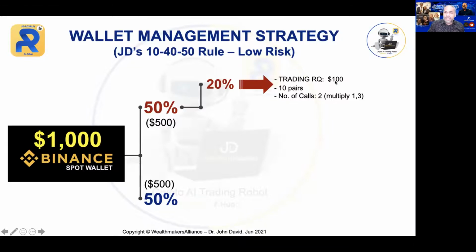Now, if each pair is $10, I can open how many pairs? 10 pairs or 10 different currencies. And the number of calls that I'm going to use here is 2, and multiply is 1 and 3. I will explain to you shortly what this is. Don't get confused, just wait for a while. So this is basically the strategy I'm going to use for my low risk.